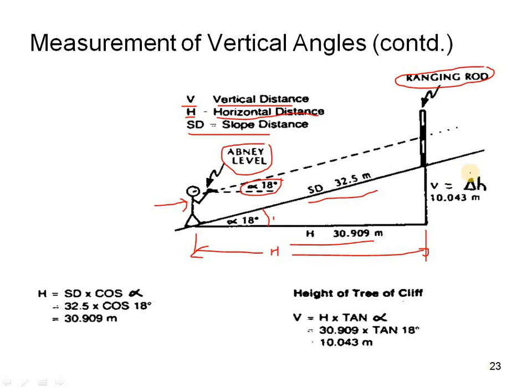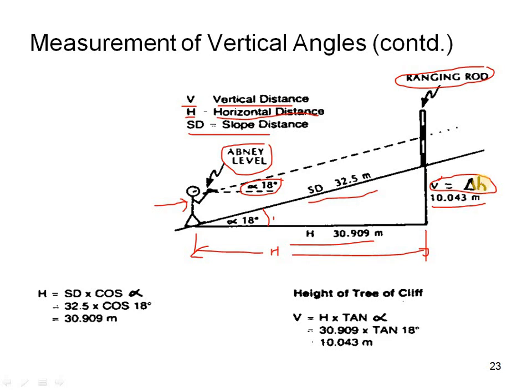So here to determine V, the vertical distance, we have to find V equal to delta H. You can take the angle and get the value from the calculator. And H is what we have to find out.